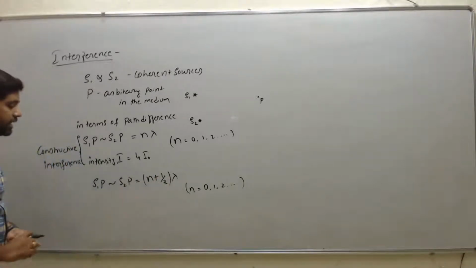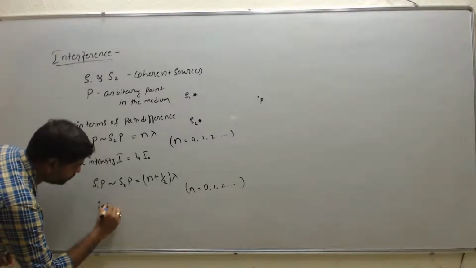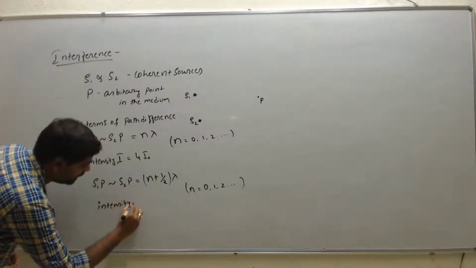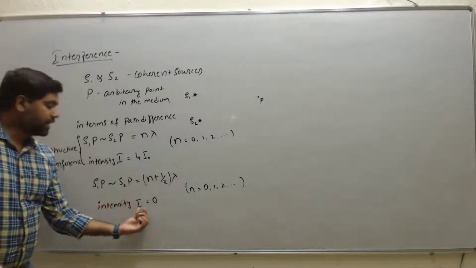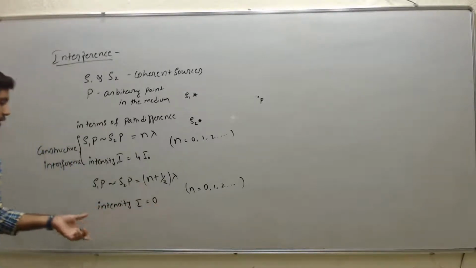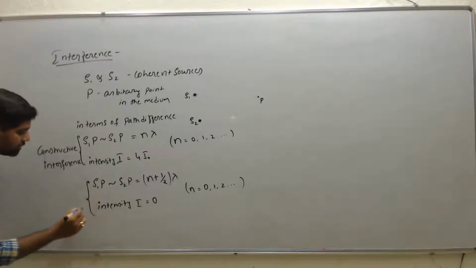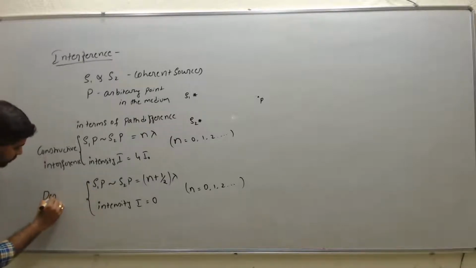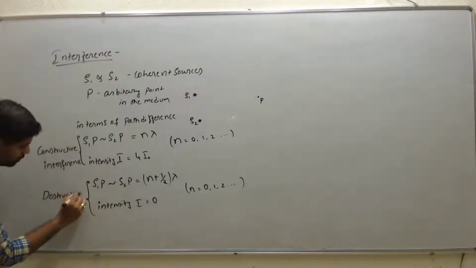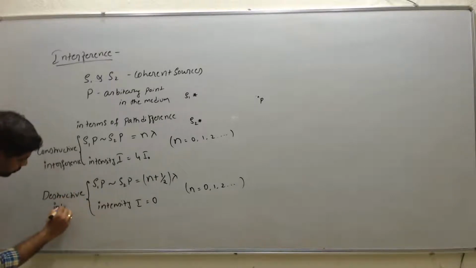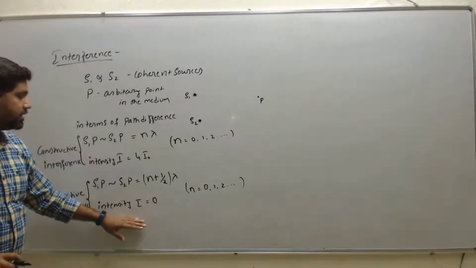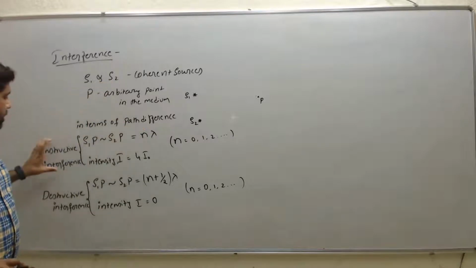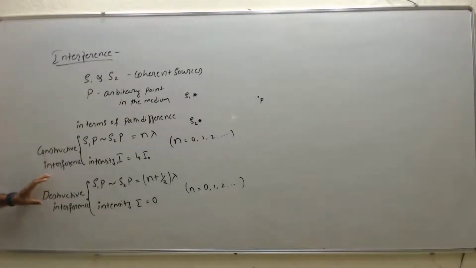So here we get the intensity I is equal to 0. Then this interference we call destructive interference, right? So these are the conditions for constructive interference and destructive interference.